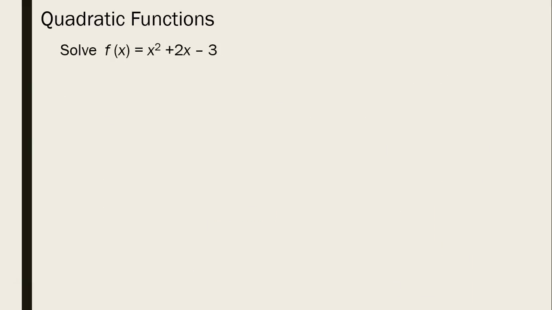Now another question we might be asked about quadratic functions is to do what's called solving the function. That just means we're looking for all the values of x which will make the function equal to 0. So what we're really solving is this, x squared plus 2x minus 3 equals 0.